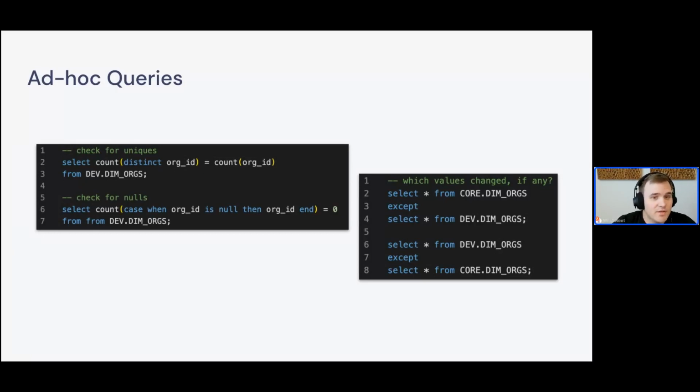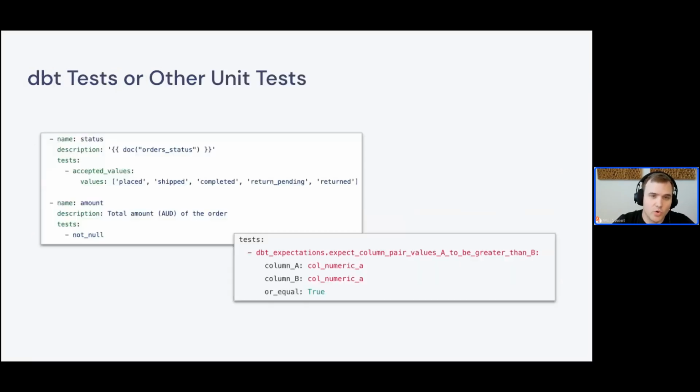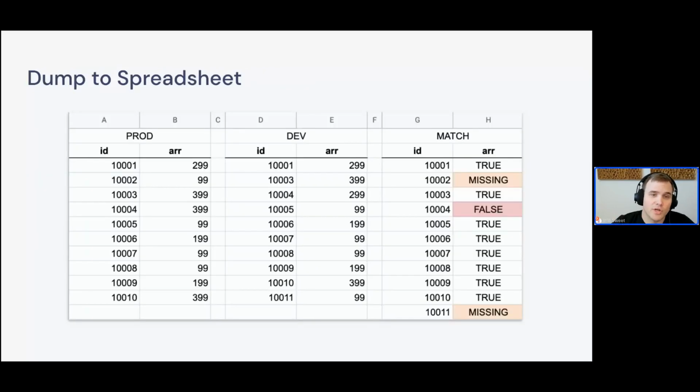Do you write DBT tests? So do you actually step out of your workflow, go into your schema YAML files and write these tests as you go to make assertions? Do you use other methods like DBT expectations? Or do you dump to a spreadsheet, which I hesitate to admit I've done before, but it's a pretty gnarly way. And I think if you've ever worked with a finance team, maybe one of the ways you've collaborated with them.